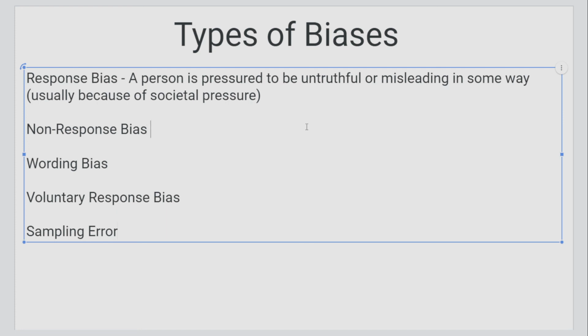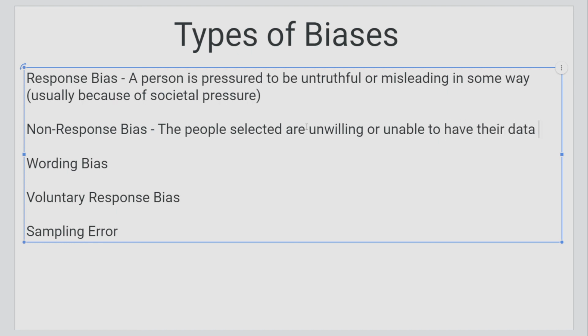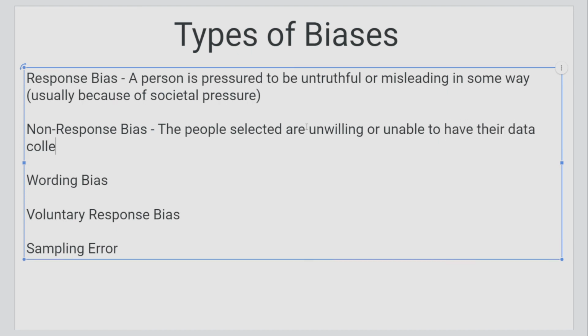A non-response bias is when the people selected are unwilling or unable to have their data collected. Again, this is mostly with surveys.